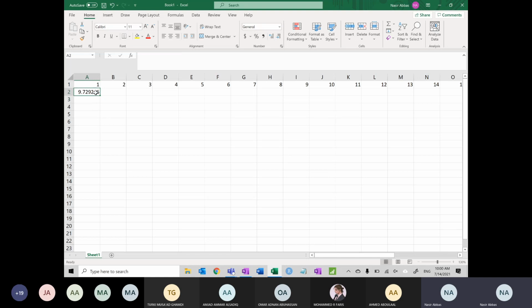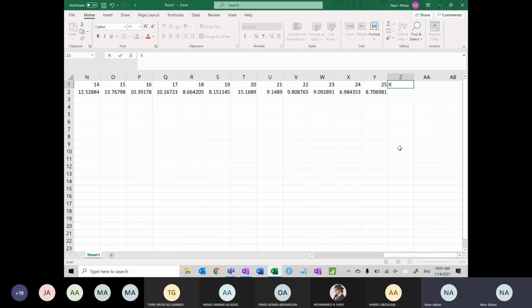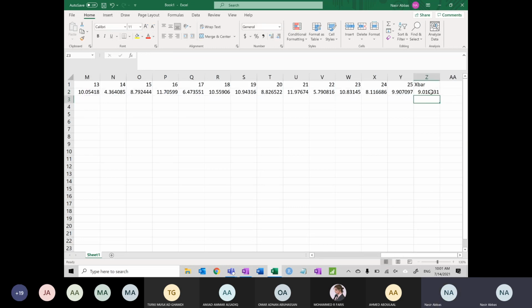There is this one number, 9.79 something, and I'll generate 25 numbers. From these 25 numbers, I'll calculate the mean X bar. So the mean is 9.01, and according to our rule, we will reject H0 if our X bar is less than 9.5 or greater than 10.5.